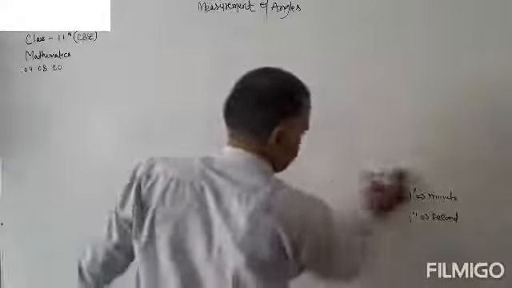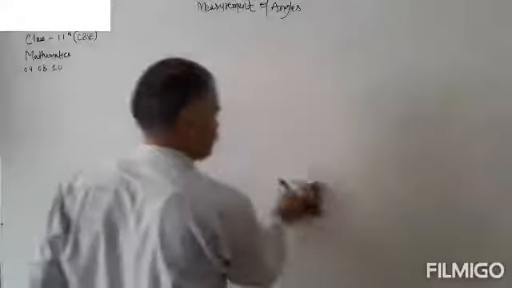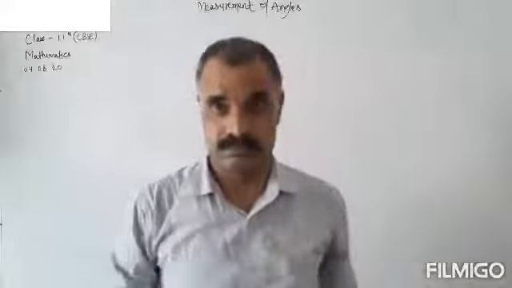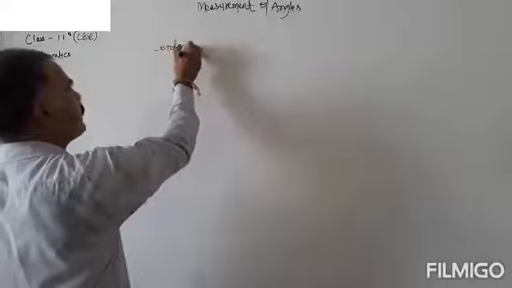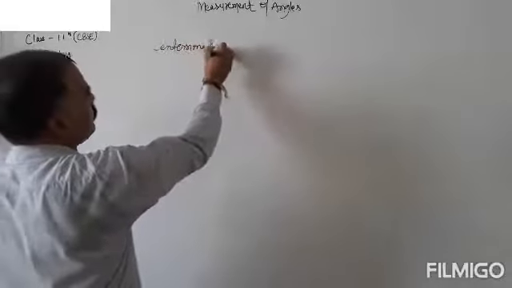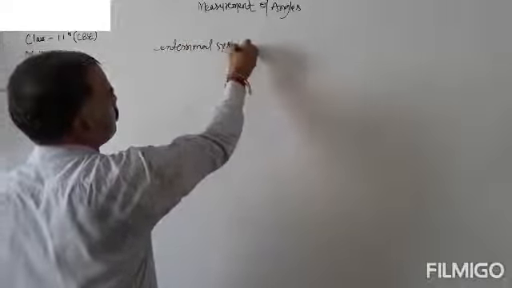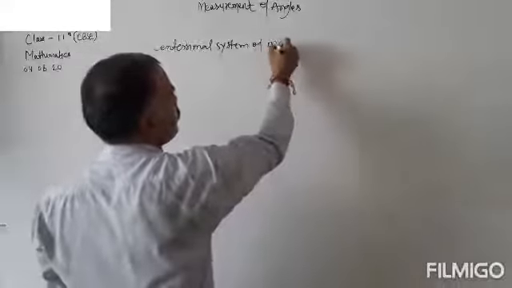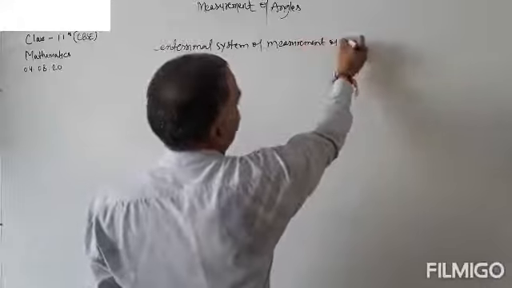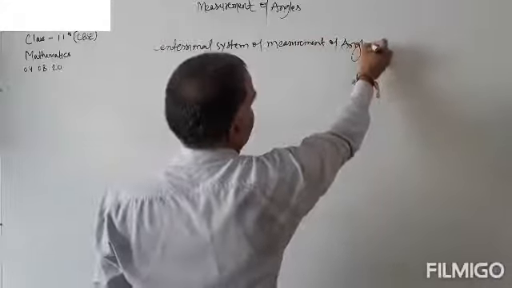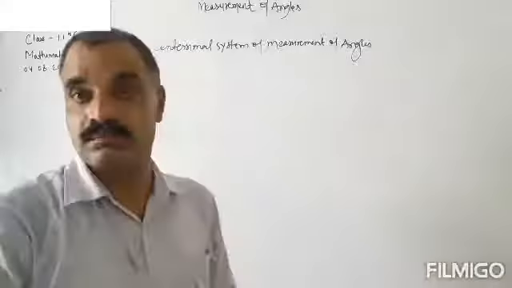So what is a radian? This is also said to be the centesimal system of measurement of angles.